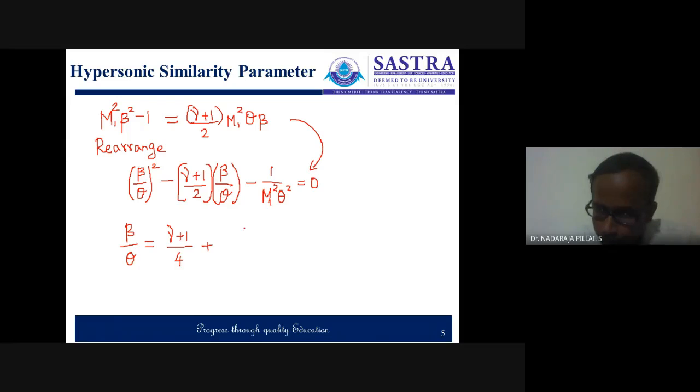Plus root of b square, that is gamma plus 1 by 2 square, minus, so it will come like 1 by m1 square theta square.